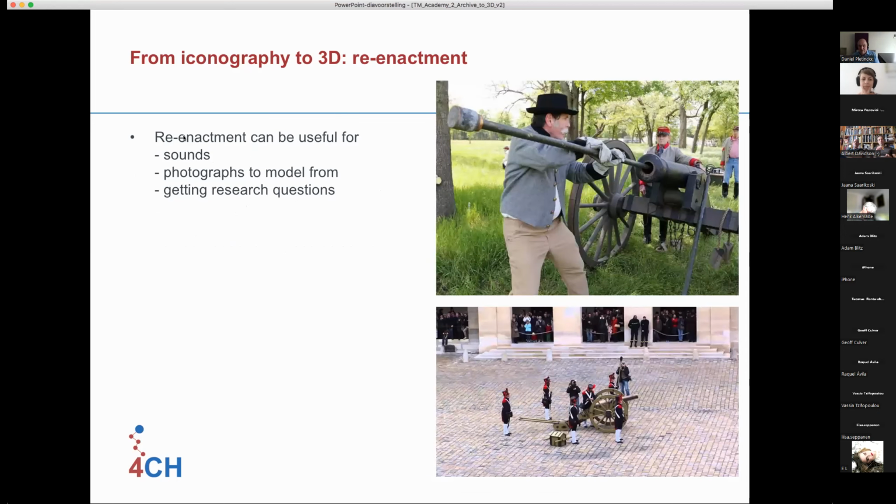And of course, like I said, reenactment can be useful for sounds that we don't have, because these are things that don't exist anymore. So how do you get to the right sound of things? Of course, practical things, like what in practice do you need not only for loading a cannon, but, as you see here, for cleaning the cannon.